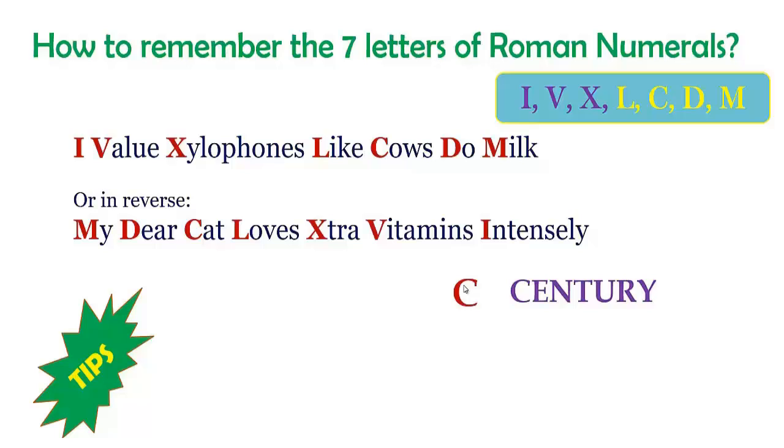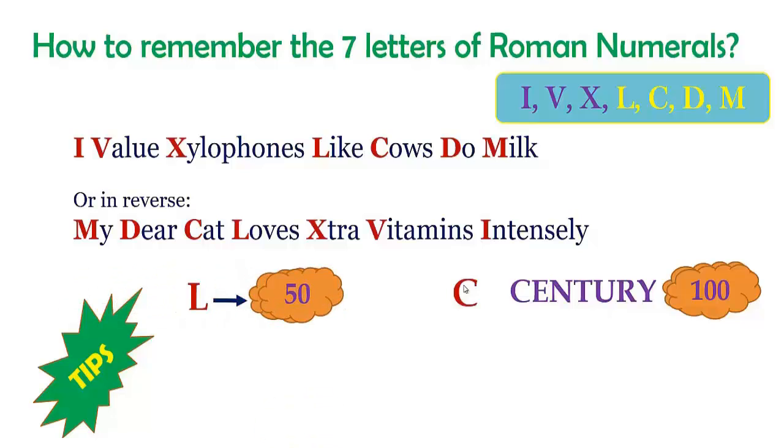Yes, you have heard this word in cricket. And century means 100. So the value of C is 100. Then L. As L comes before C, it is definitely lesser than C. How much lesser? Half. So the value of L is 50.